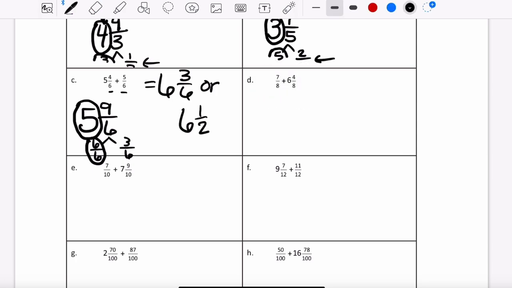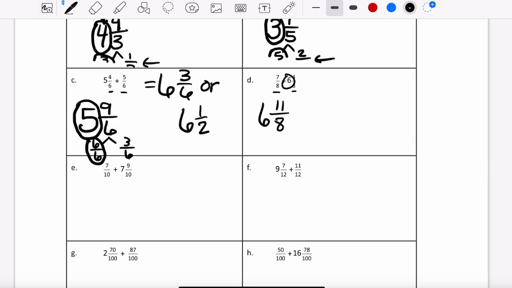Okay, looking at the next one. Now we have 7/8 plus 6 4/8. So we add 7/8 and 4/8, which gives us 11/8. We make sure we put in our whole number, which is 6.